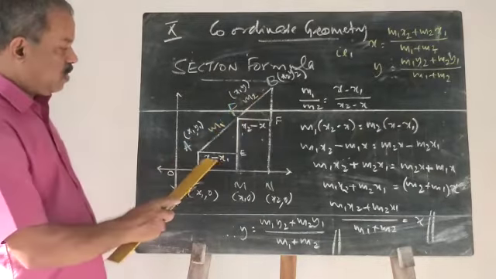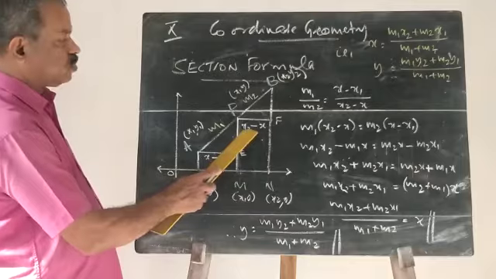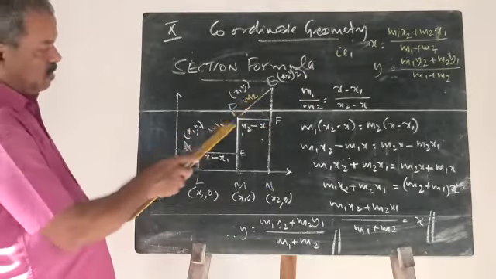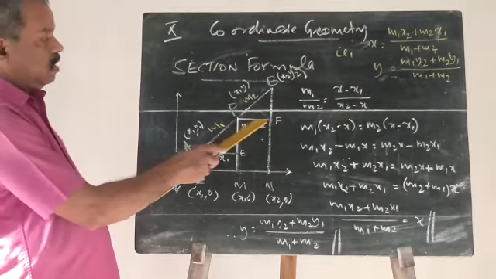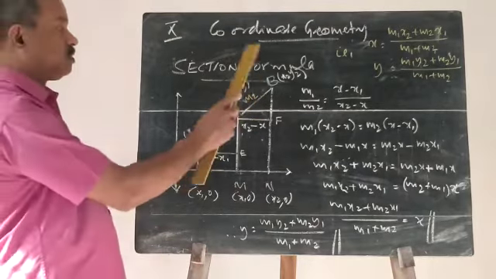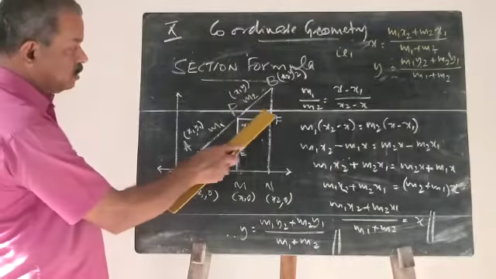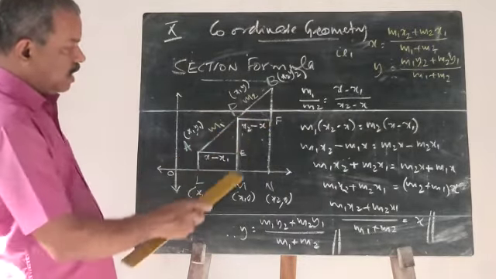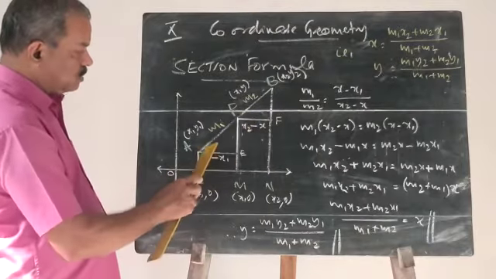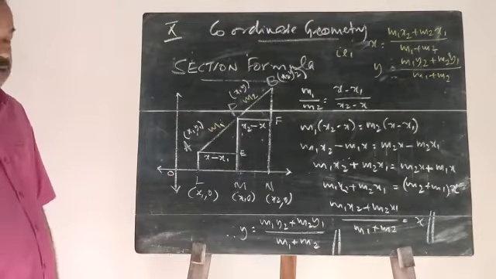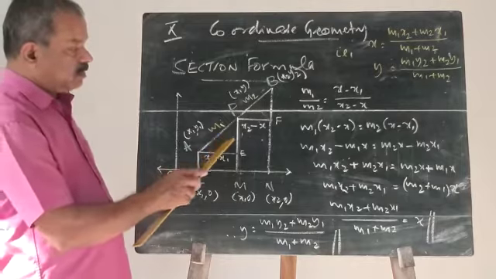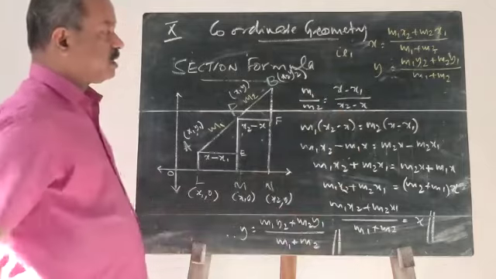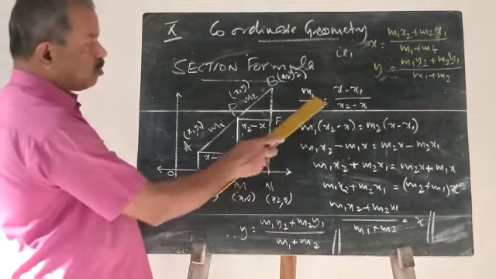Because this angle is 90, this angle is also 90, and these are parallel lines, so these two angles are also equal, corresponding angles. By the AA similarity theorem, these two triangles are similar. So we get m1 by m2 equal to (x minus x1) by (x2 minus x).